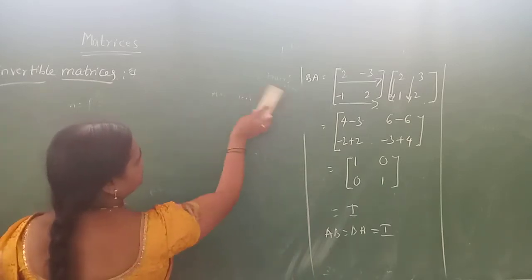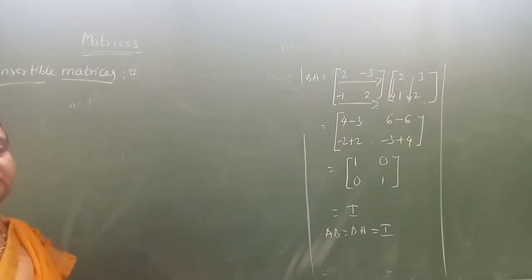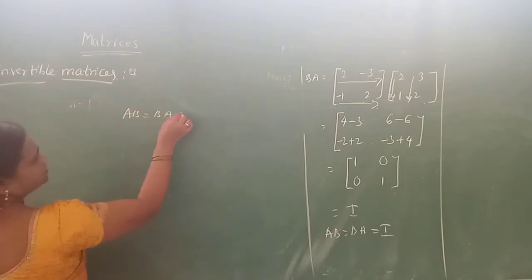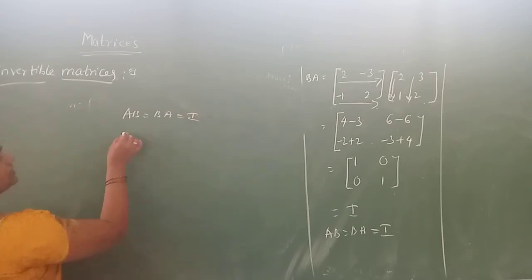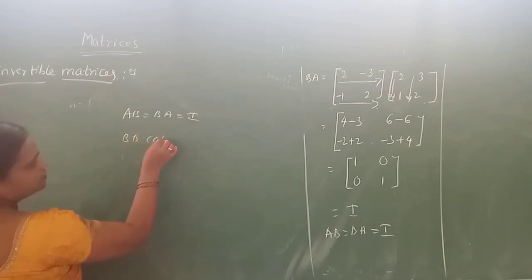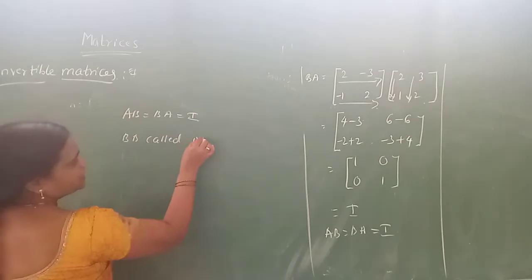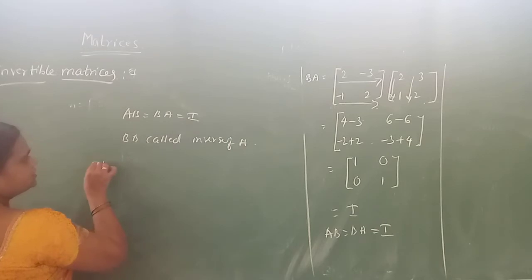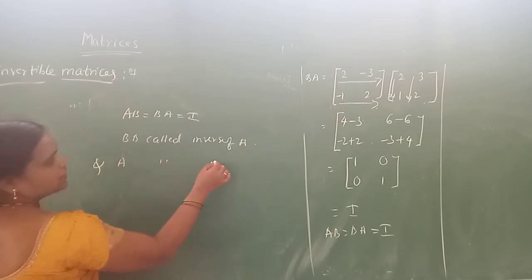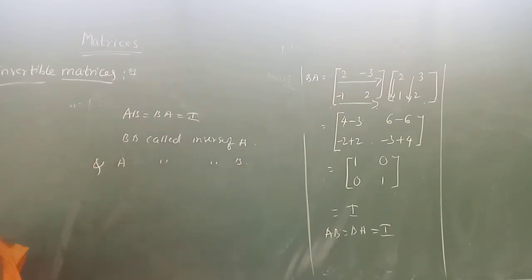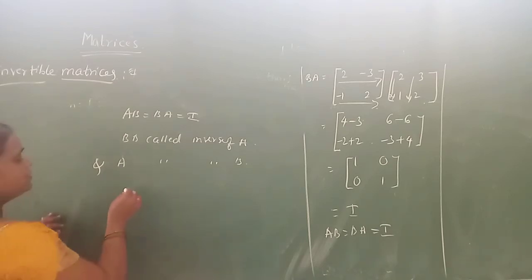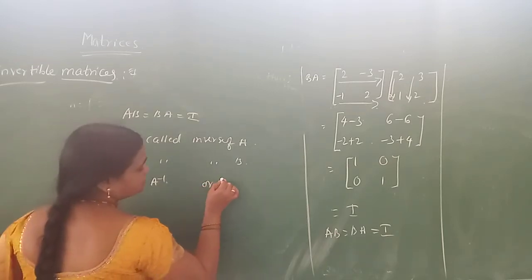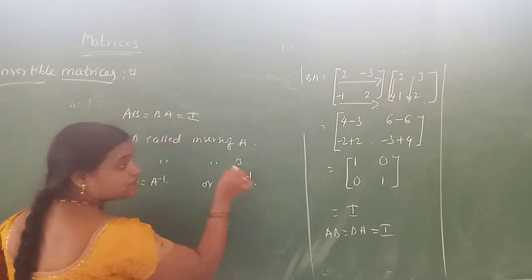Then we get AB equal to BA equal to I. Understood? If this holds good, then we say that B is called the inverse of A, and similarly, A is called the inverse of B, vice versa. We can write B is A inverse or A is B inverse.